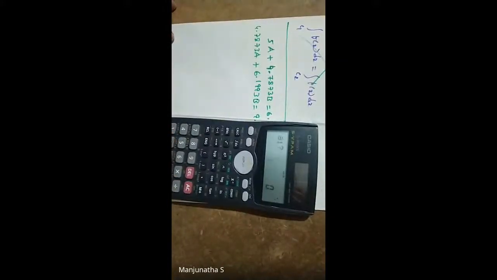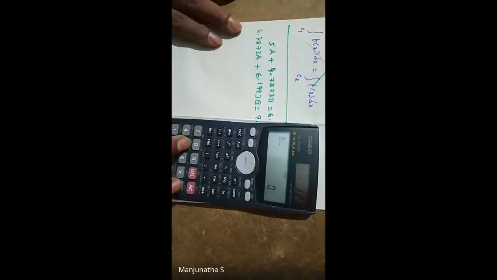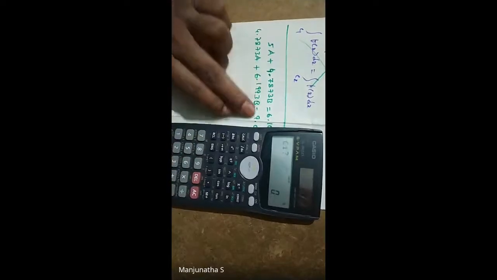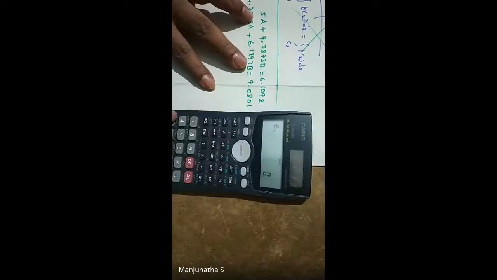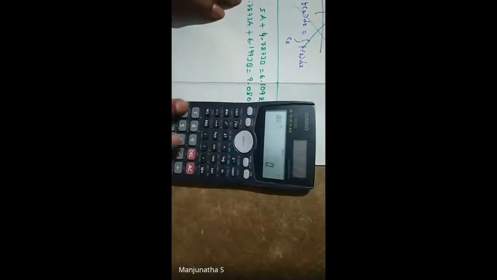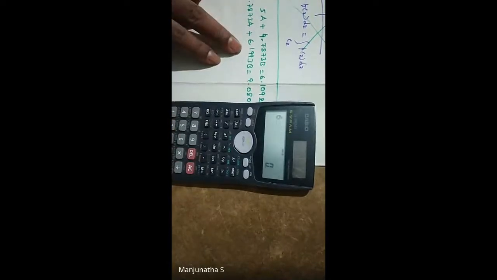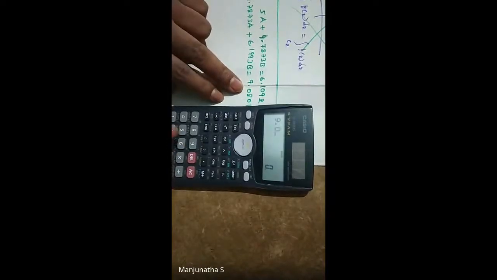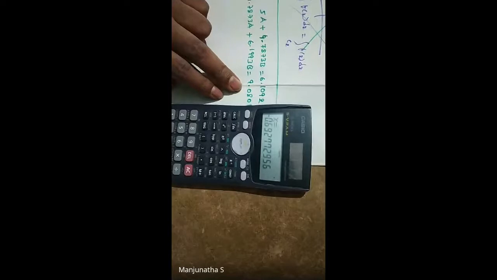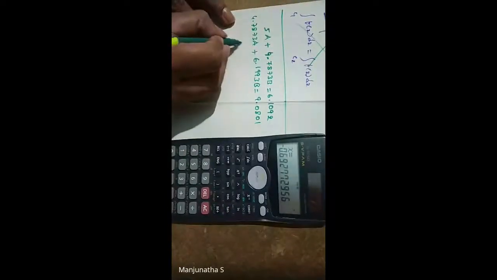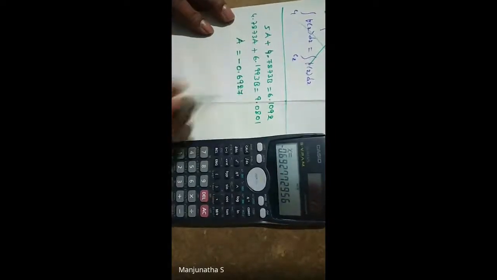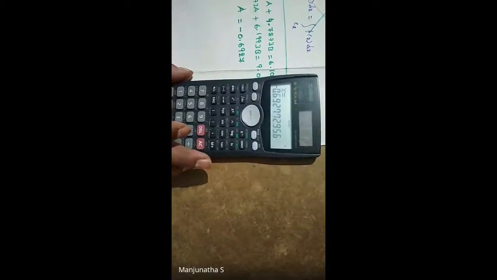Now a1 is 5, b1 is 4.7873, c1 is 6.1092, a2 is 4.7873, b2 is 6.1993, c2 is 9.0801. So what is the value of x? X is nothing but capital E. So capital E is minus 0.6927.